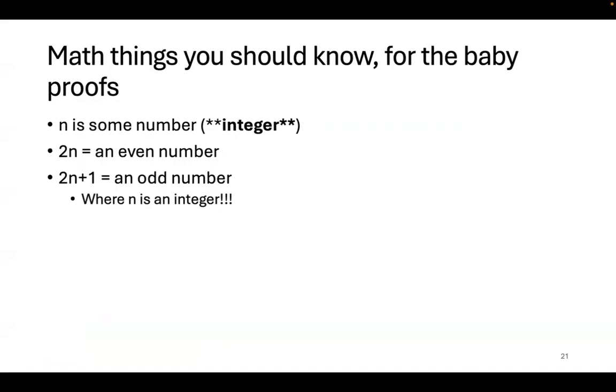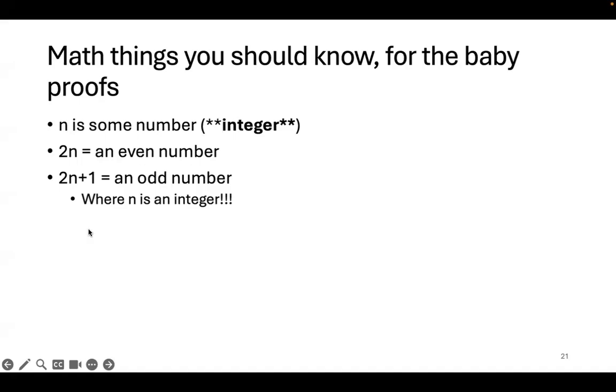So one of the things to remember, especially as we look at some elementary proofs, if you've taken discrete math, this probably sounds familiar to you. If we're working with integers and looking at even numbers or odd numbers or things that are divisible by 2 or some other number, we tend to use algebra here.